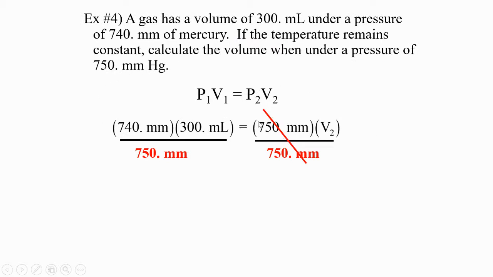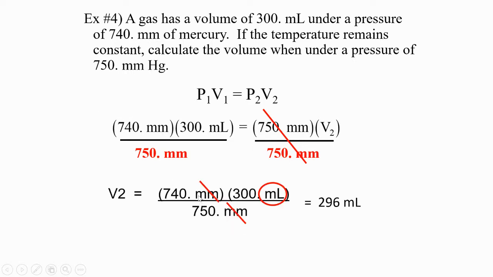The way I do that is, to get V2 by itself, I divide both sides by 750. Now V2 equals 740 times 300 divided by 750. Put it into your calculator and make sure that what you've written actually gives you 296 ml. Don't just assume you're right and copy it from the bottom of the page.